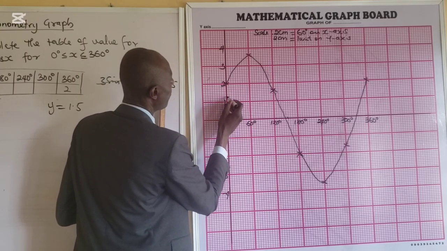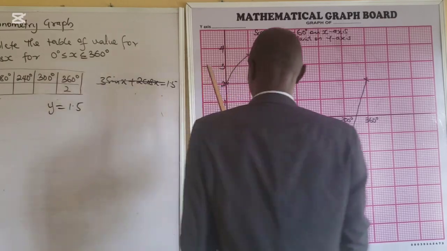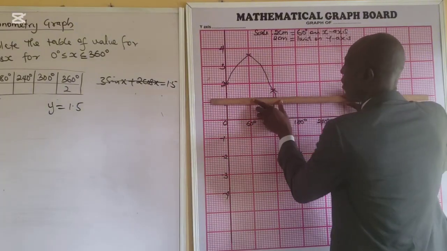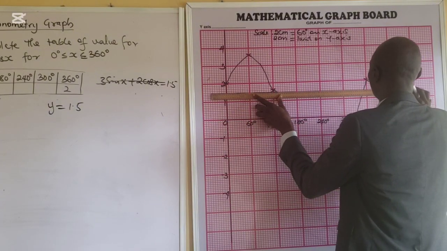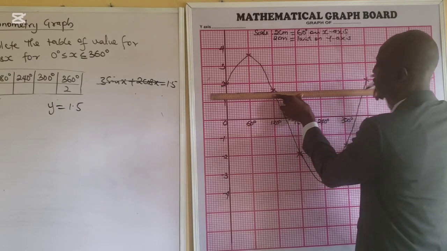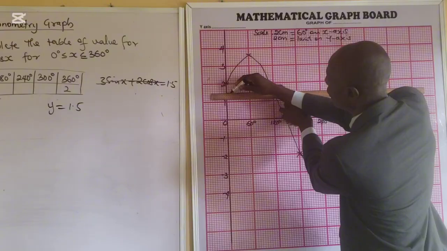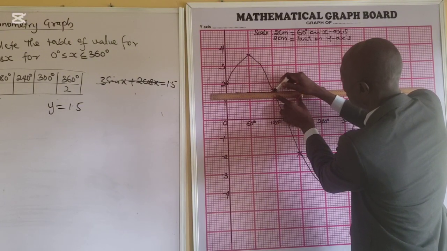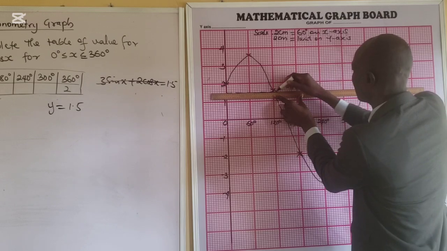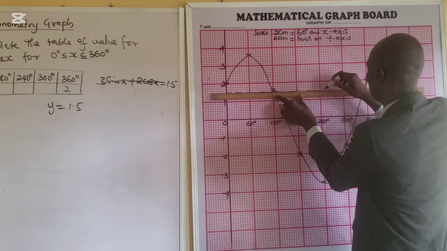So what we do, you will draw with a broken line. Let it touch the curve. Okay, it touches there. Let me extend it, because it will still touch the other side.